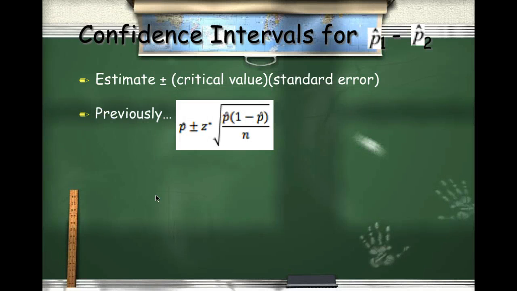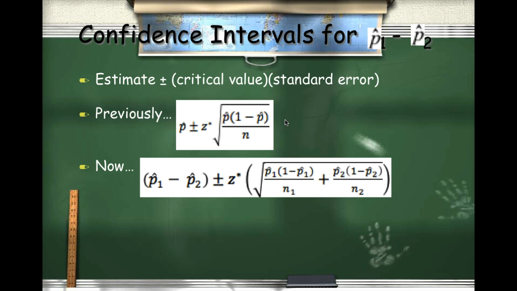All right. So remember previously, this was the general form of a confidence interval for a one proportion Z interval. I have my estimate of p hat plus or minus Z star, my critical value, times my standard deviation. Notice I'm plugging p hat into my standard deviation because, once again, I do not have a hypothesized value in a confidence interval.